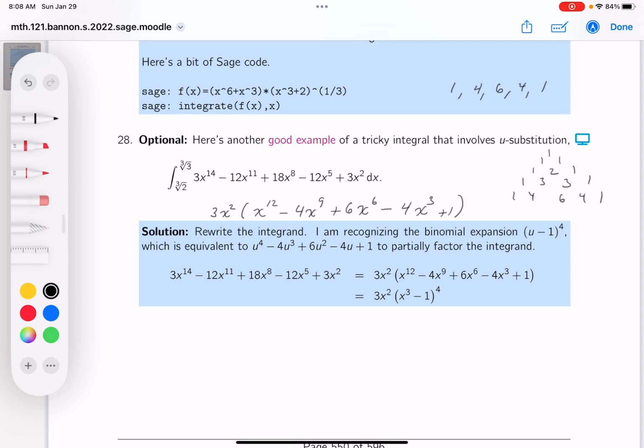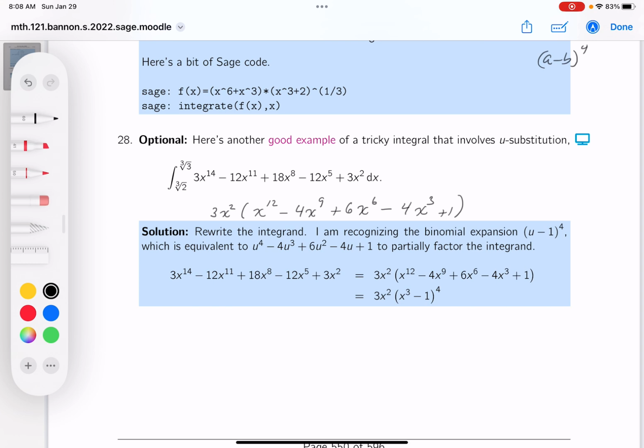It looks like an expansion of a plus b to the 4th power, but with the sign there, it looks like a minus b. Let me make sure you understand that we need to know the expansion of that.